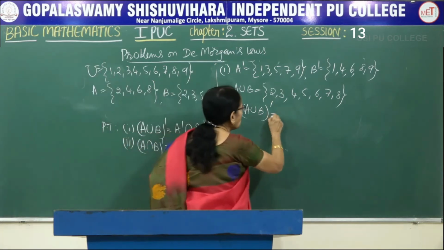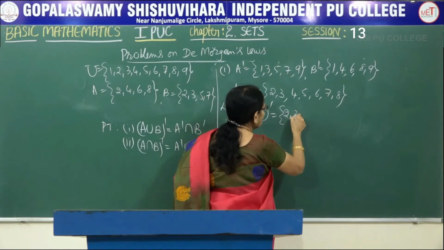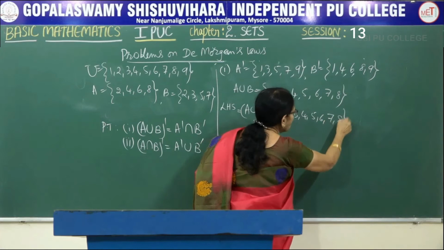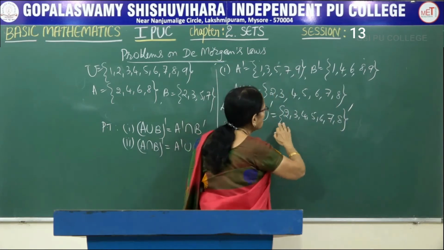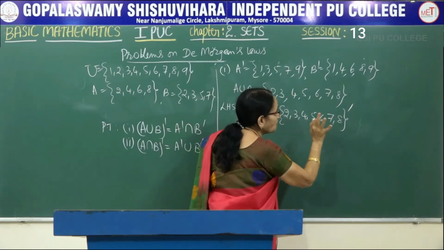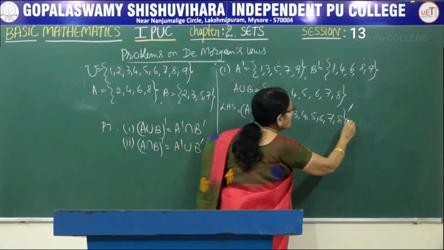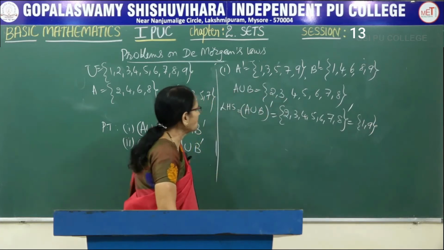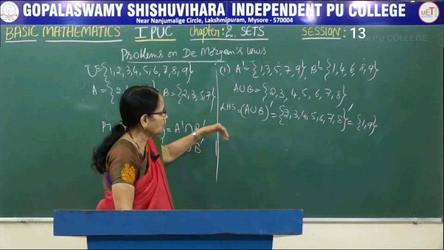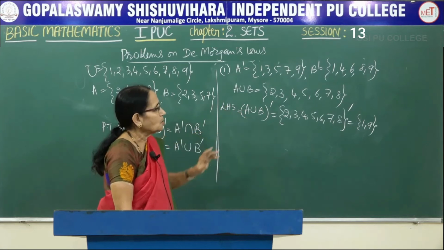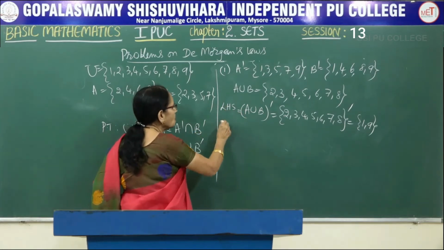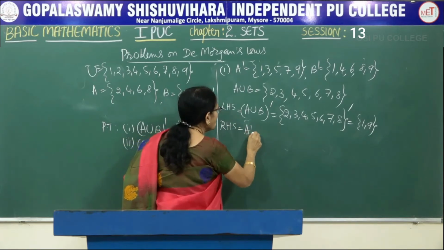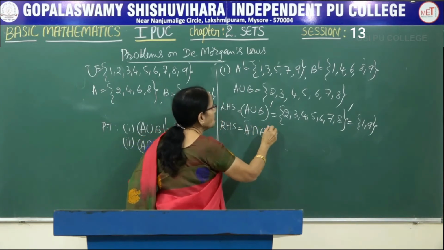You can write one more step here. (2, 3, 4, 5, 6, 7, 8)'. Now see, 3 plus 4, 7 elements are there. What are the remaining elements? Only 1 and 9. So the left hand side we are having union of A and B, then taking the complement we get only 2 elements. Now come to the right hand side. What is on the right hand side? It is A' intersection B'.